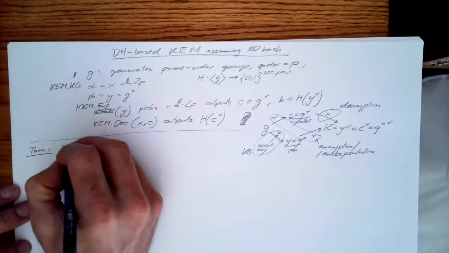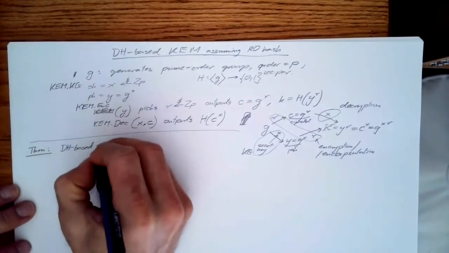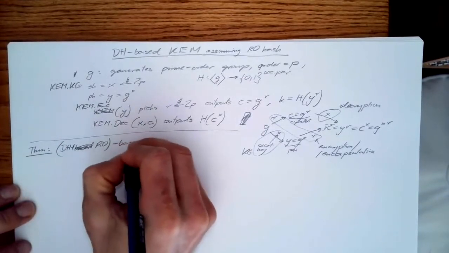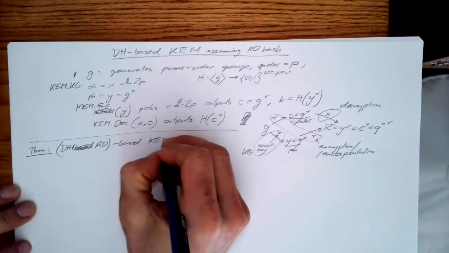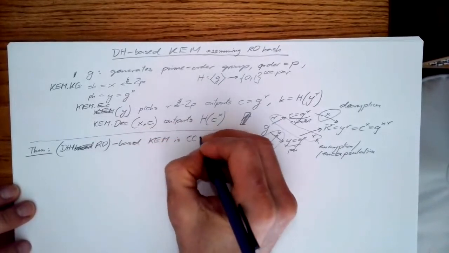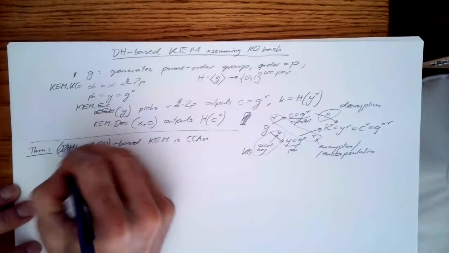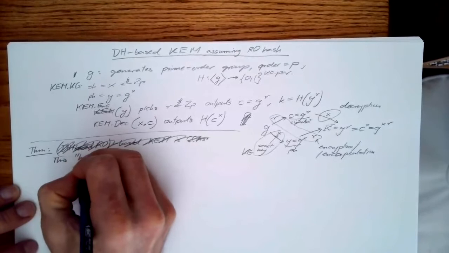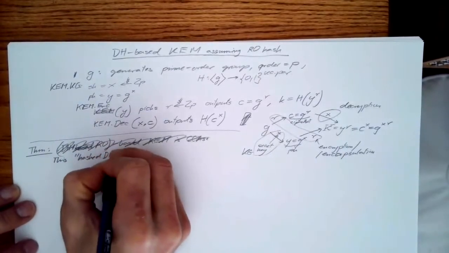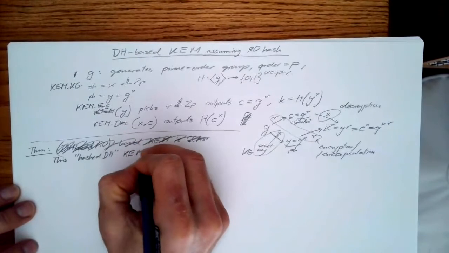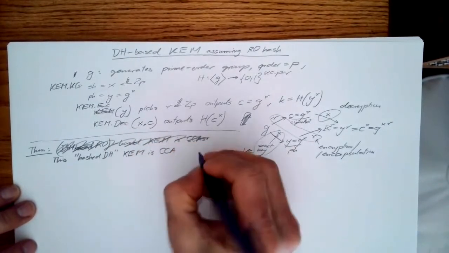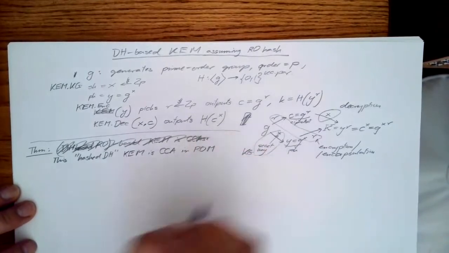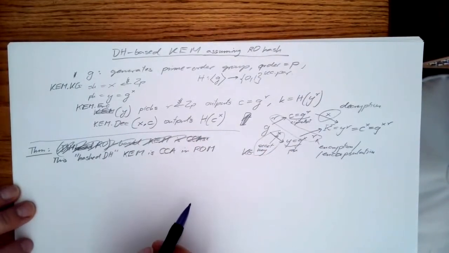This DH plus RO based KEM is CCA secure. Okay, let's call it hashed Diffie-Hellman. KEM is CCA secure in the random oracle model for the hash function.